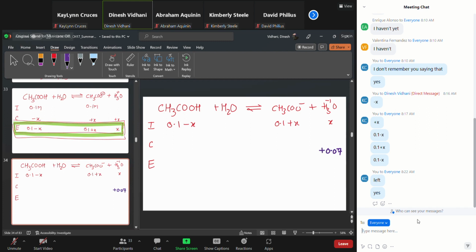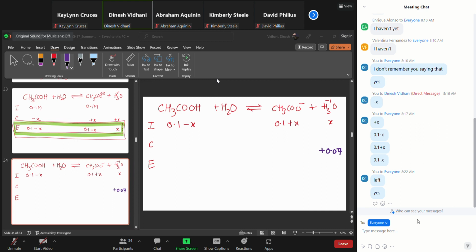If you do that, what happens next? It will react. Very good. Then what should happen? If it reacts, then what happens? That's right.